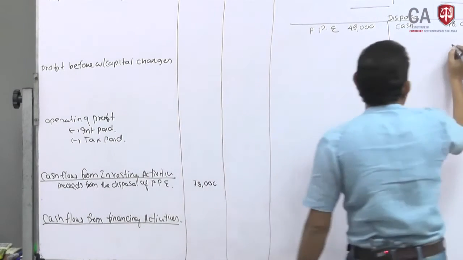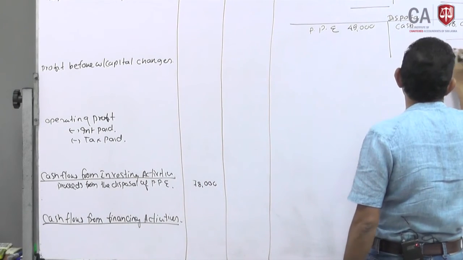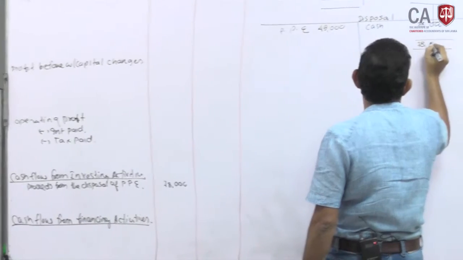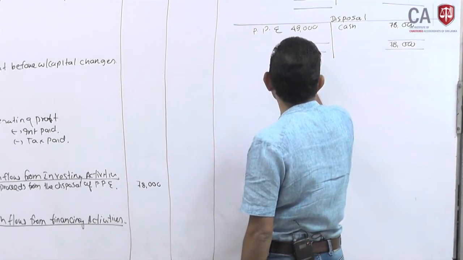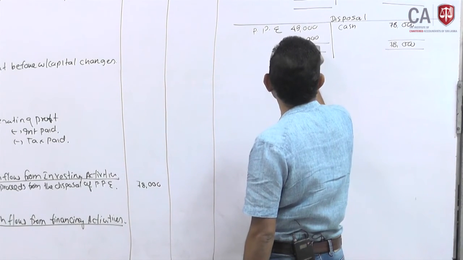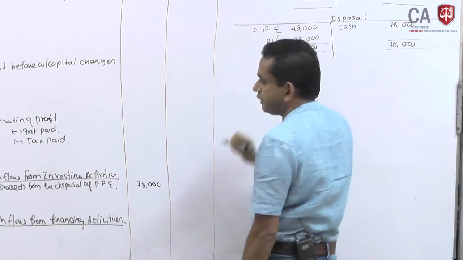Then let me close up this disposal account. 78,000, the balancing figure 33,000, what is it? A profit.